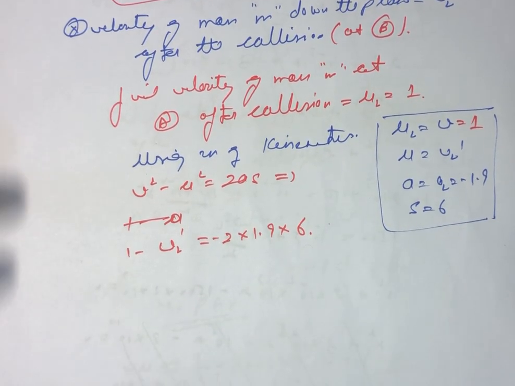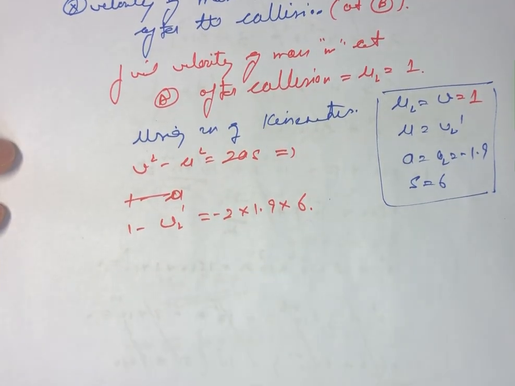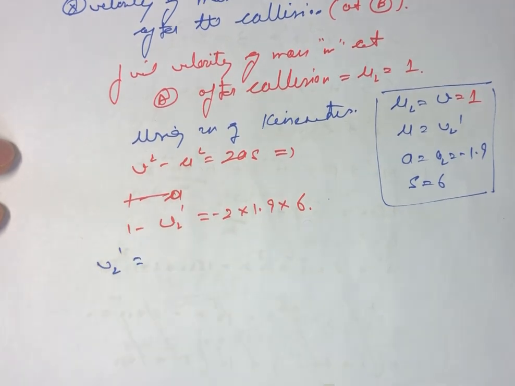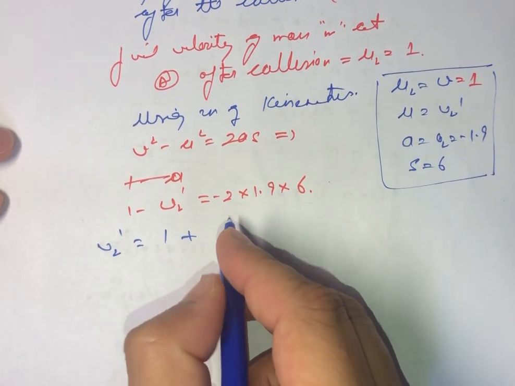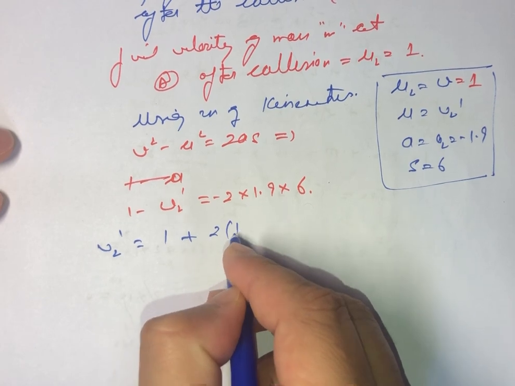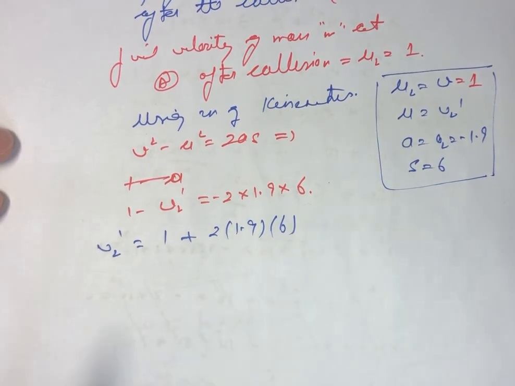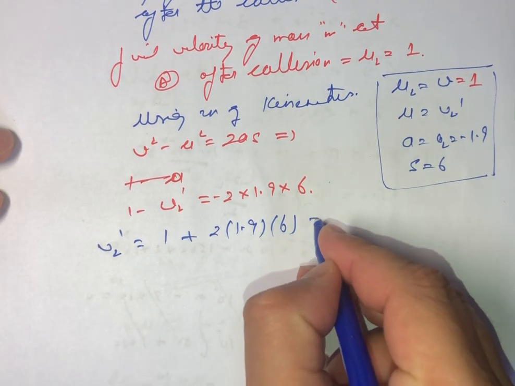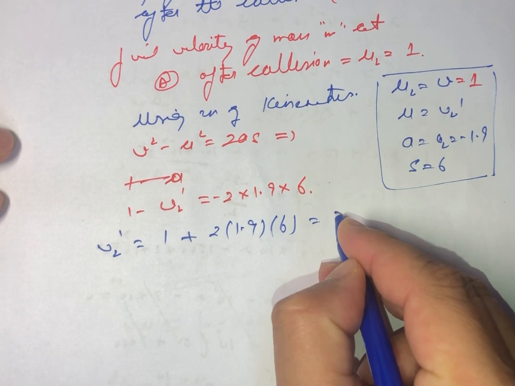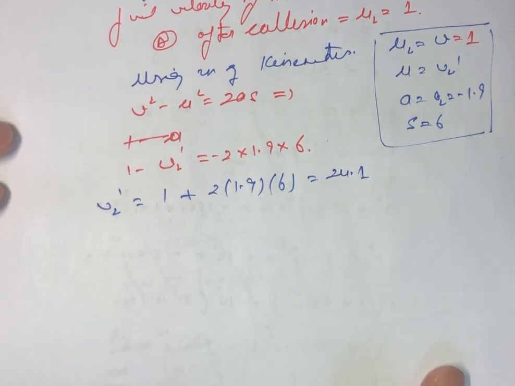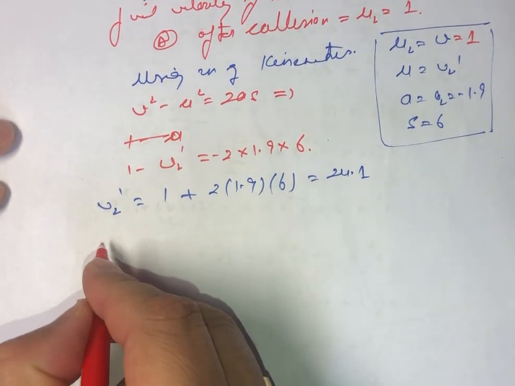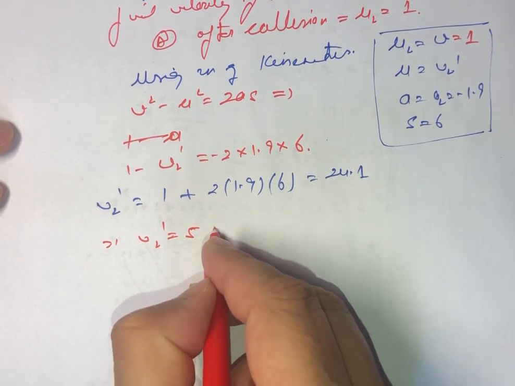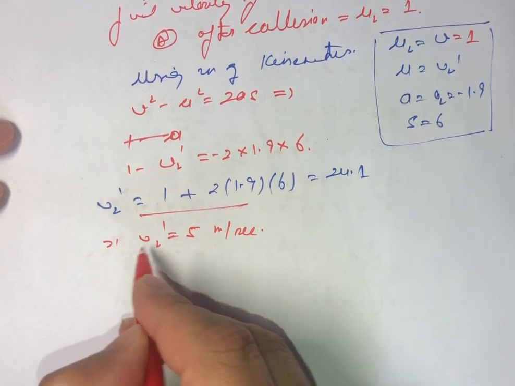So from here we can say that v2 prime square is equal to 1 plus 2 into 1.9 into 6, which is equal to 24.1. So therefore we can say v2 prime is approximately equal to 5 meter per second.